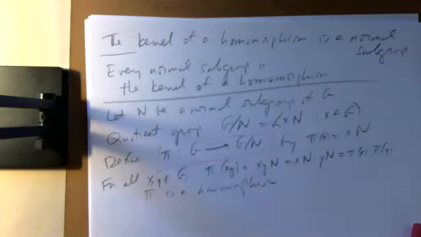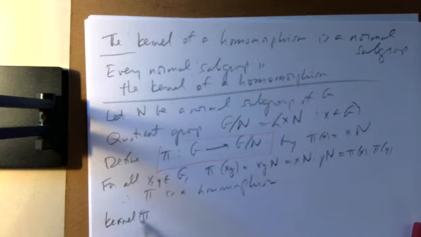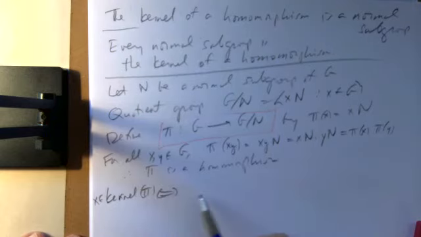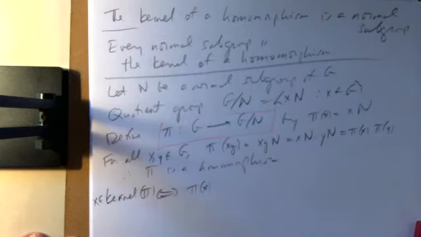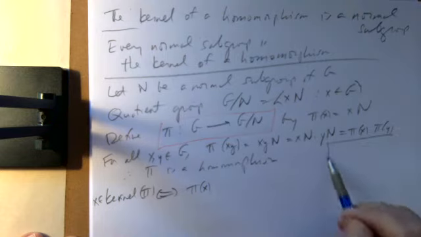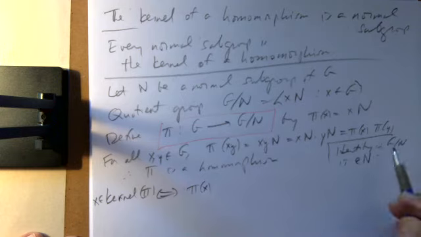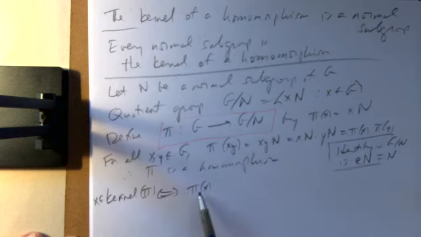And what's the kernel of pi? So an element x is in the kernel if and only if pi of x equals the identity. What is the identity in G mod N? It's the coset eN, or N. So if and only if pi of x is eN.